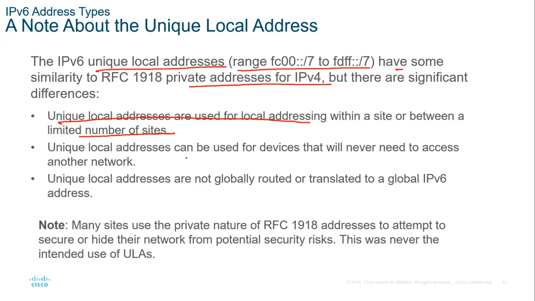Unique local addresses can be used for devices that will never need to access another network. Unique local addresses are not globally routed or translated to a global IP address. Note, many sites use the private nature of addresses to attempt to secure or hide the network from potential security risks, most of the time those that originate from outside the network or an external network.